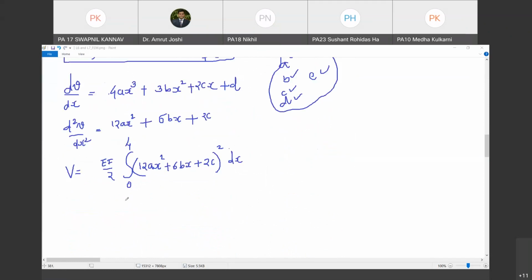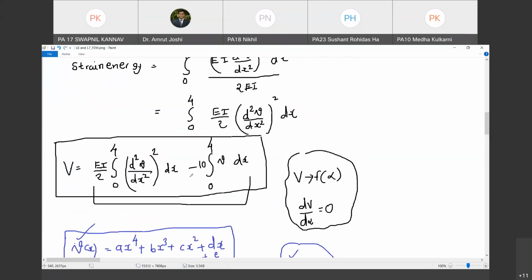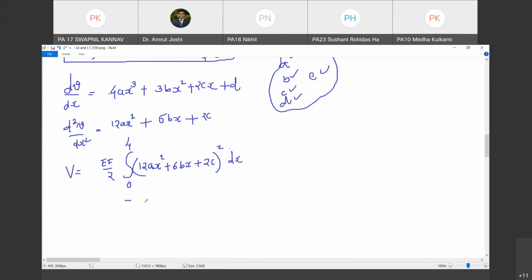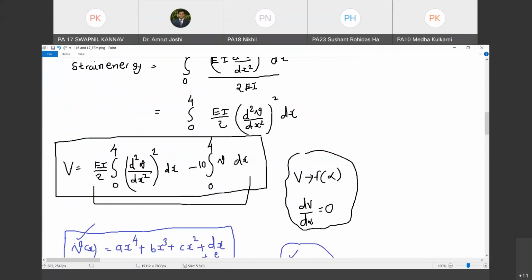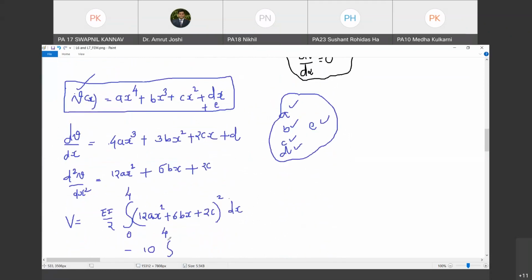Minus 10 integration 0 to 4 of v dx. But what is the expression for v? The expression for v is this: a x raised to 4 plus b x cube plus c x square plus d x plus e. Do you agree with me?